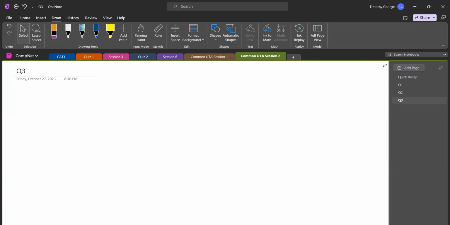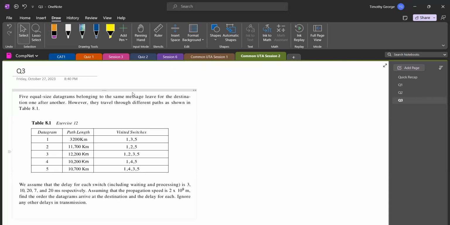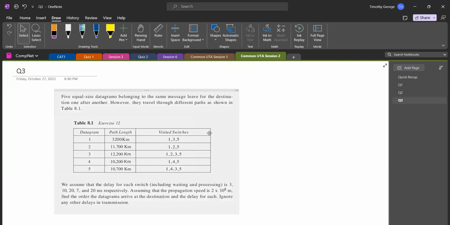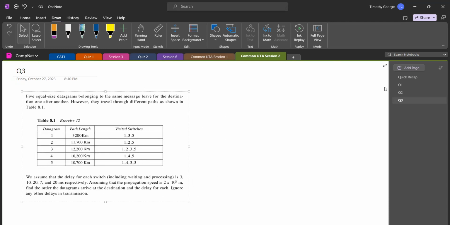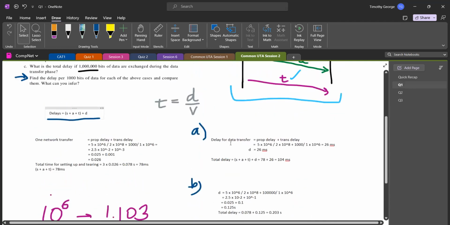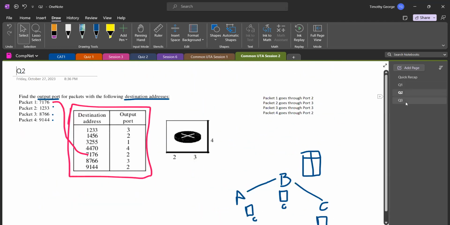Question 3. This is again the same thing as propagation, transmission, all these things we have.